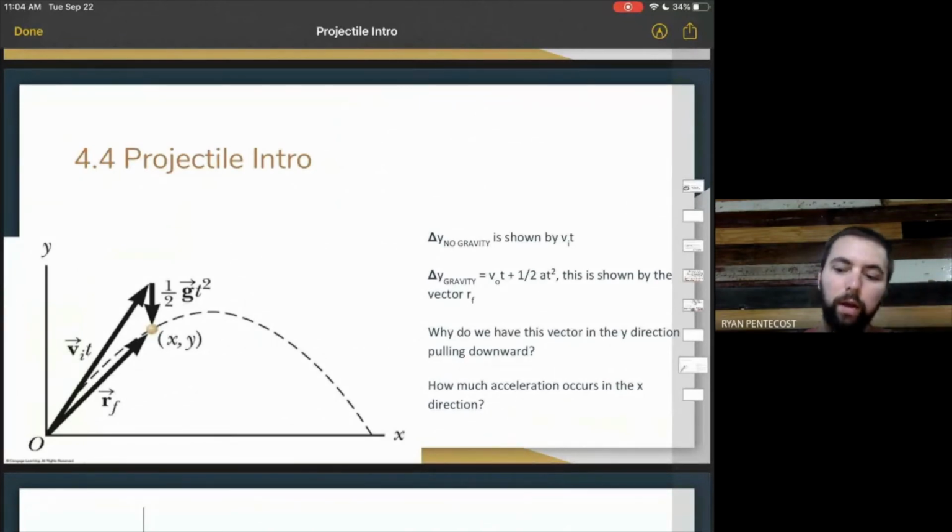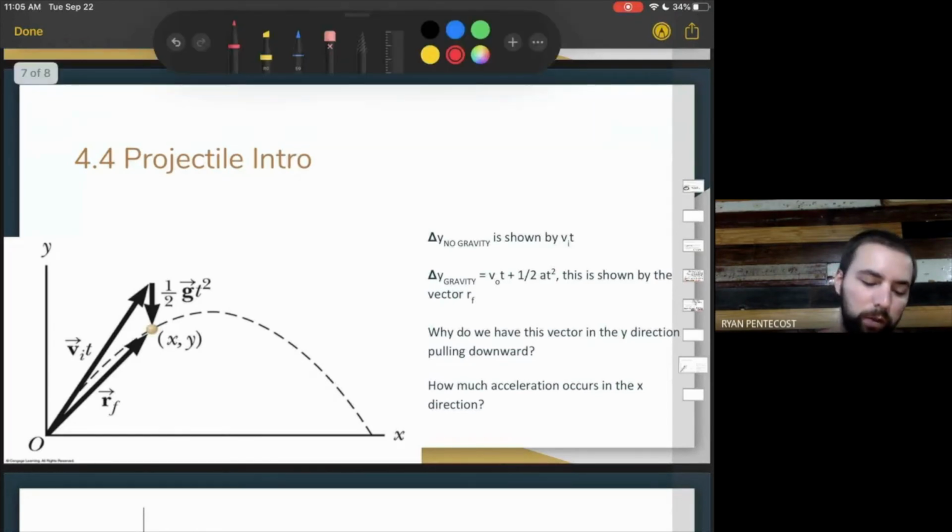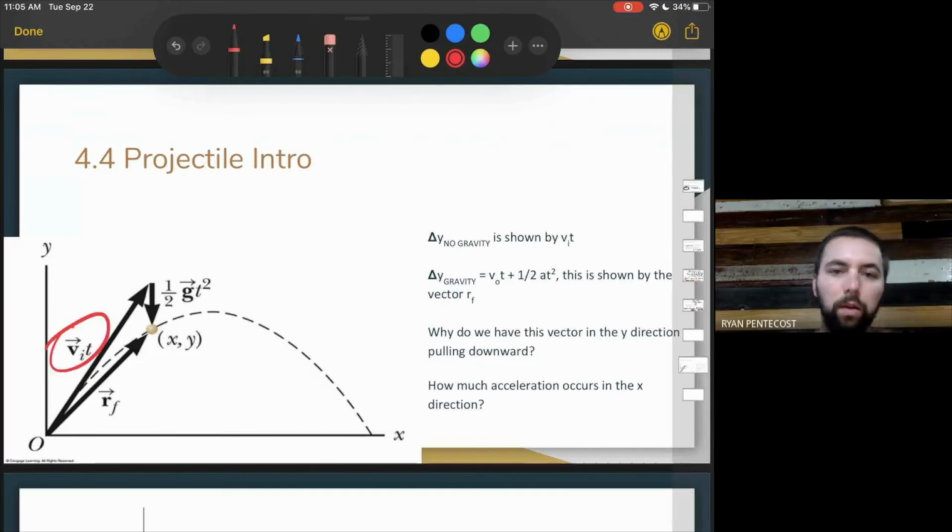So let's go to the next one, projectile intro. We have this picture here, right? Now, delta y with no gravity is shown by the equation v_i t, which is right here, the longer vector. Now, delta y with gravity is v naught t plus 1/2 a t squared.